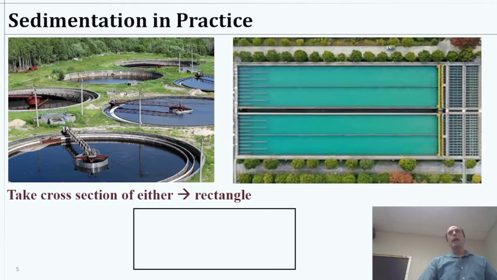Okay, so now that we have some conception of how to define a sedimentation velocity, how do we put it into practice? Well, it turns out that there's a couple different reactor designs that are very common. In drinking water treatment, we typically call this a sedimentation basin or possibly a clarifier. Clarifier is more often probably used in wastewater treatment.